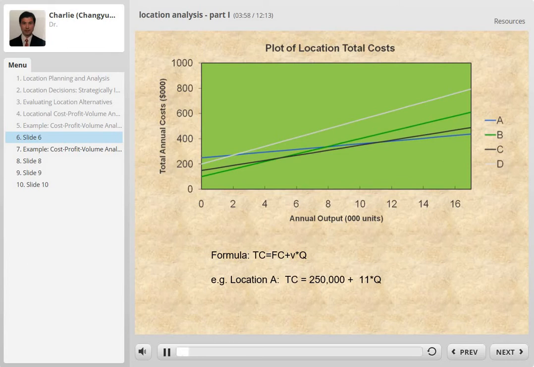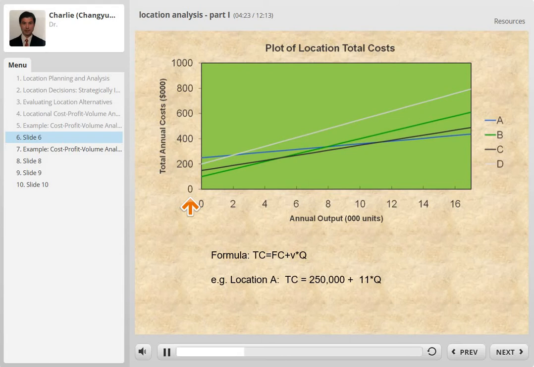Graphically, we can show the cost profit structure as the following. We have the x-axis here, the horizontal axis, the quantity, in other words, annual output. The vertical axis is the total annual cost.